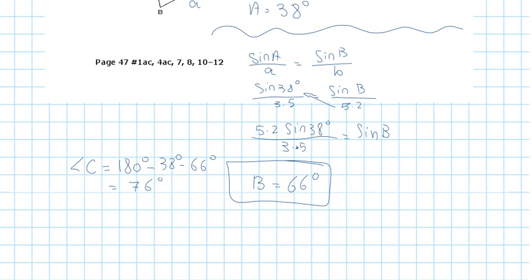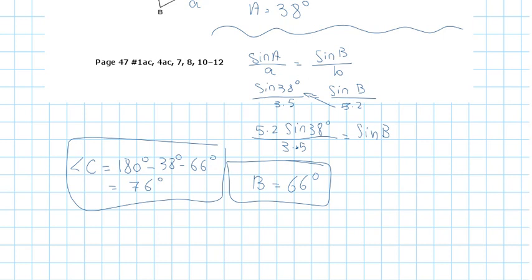Oh, it is 76, sorry. Some of you will get 77, because if you use cosine law, it might be a little bit different. The reason is that our 38 degrees is not actually 38 degrees. It was a different answer with decimals. So everything is going to shift a little bit. That's totally fine.